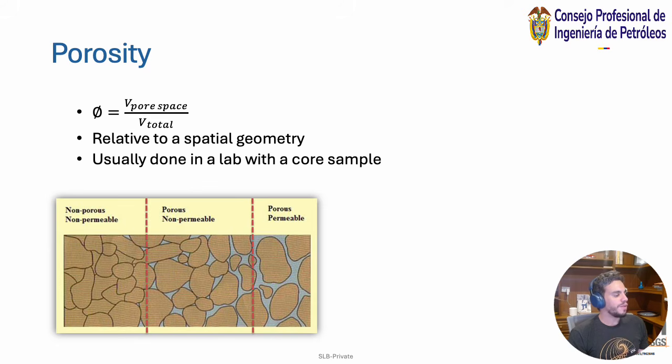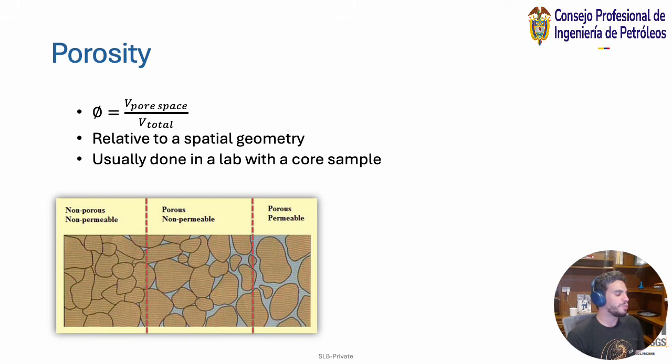So starting with porosity, right? So porosity is a relatively easy concept to understand, but it is a bit counterintuitive when it comes to defining it or trying to solve for it. But essentially, the porosity is the volume of the pore space with respect to the total volume. Now, what is the total volume? It's arbitrary. It's for you to define.